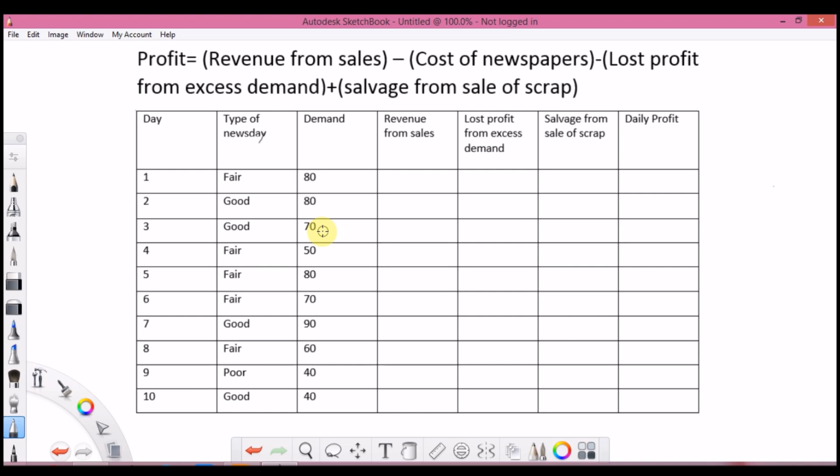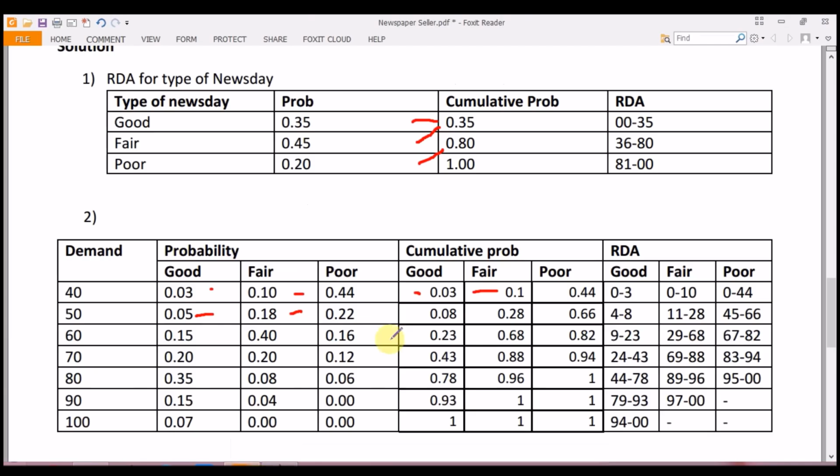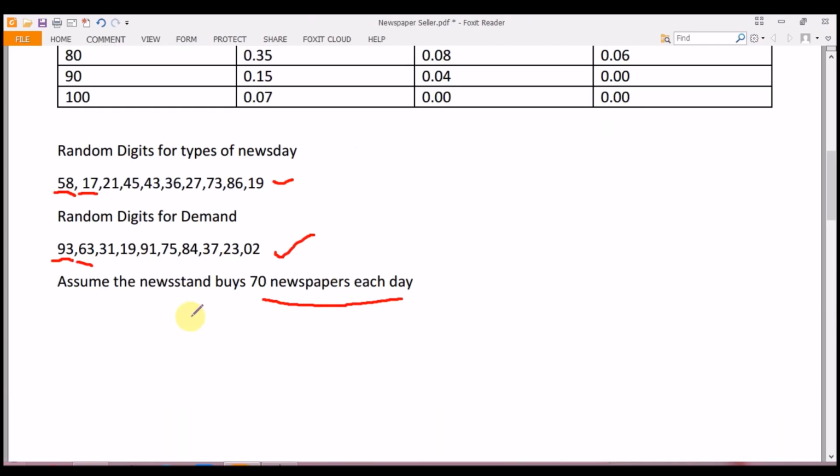Now coming to finding the revenue from sales. Revenue from sales is basically how much I've earned by selling. Here, the demand is 80. But one thing you need to remember is that the problem says to assume the newsstand buys 70 newspapers each day. So 70 is the max limit.